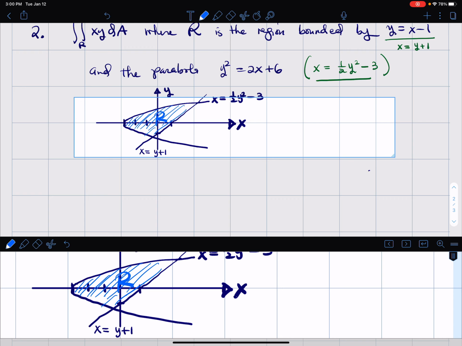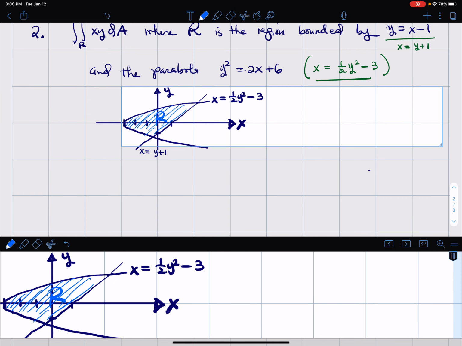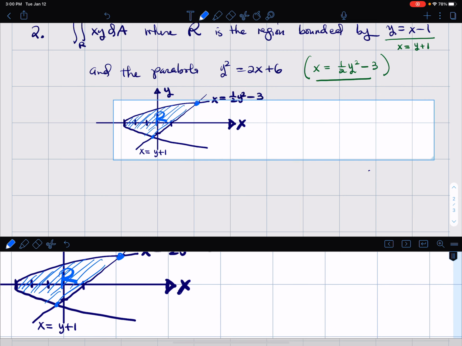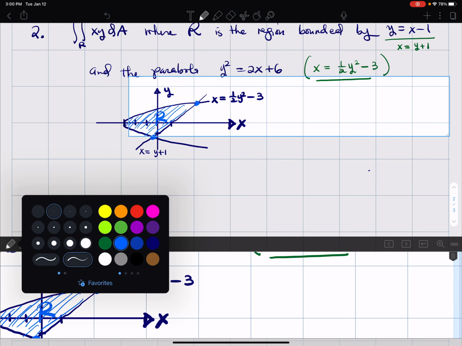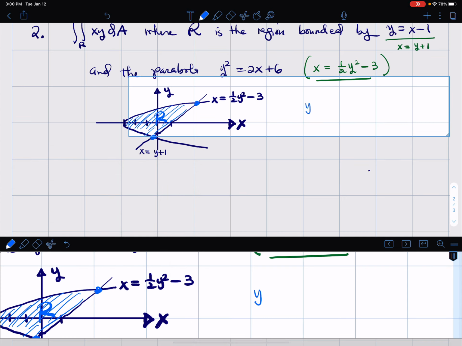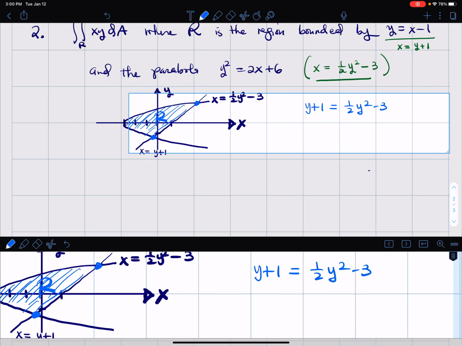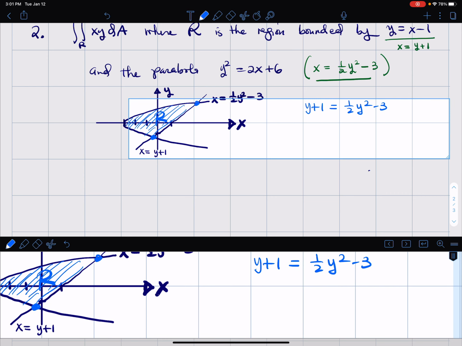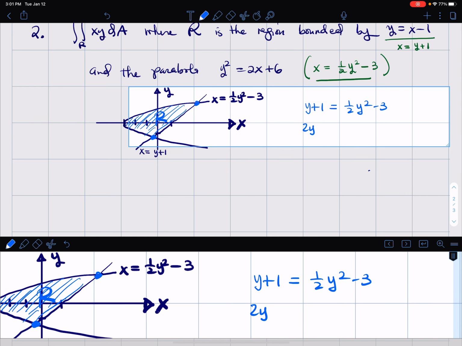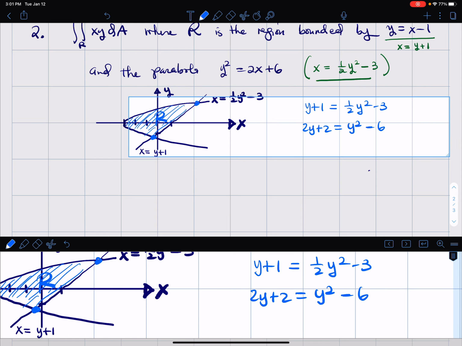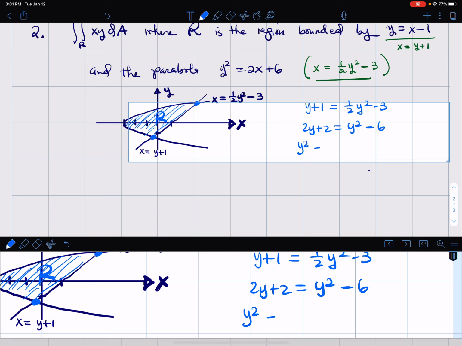Okay. And just like before, we need to find the points of intersection, this point and that point. How do we find them? We set y plus 1 equal to 1/2 y squared minus 3. If we multiply through by 2, we end up with 2y plus 2 is equal to y squared minus 6. So you get y squared minus 2y minus 8 is equal to 0.